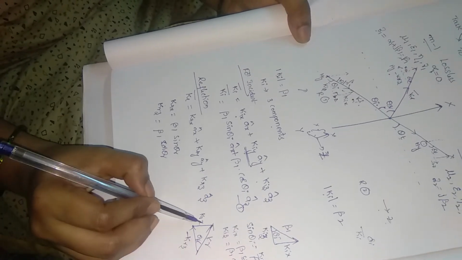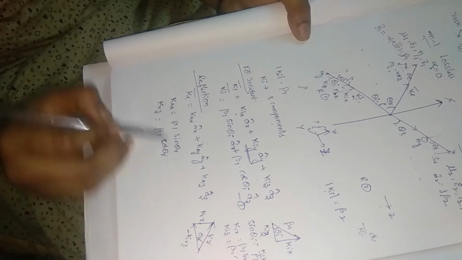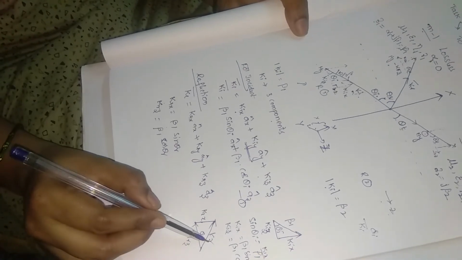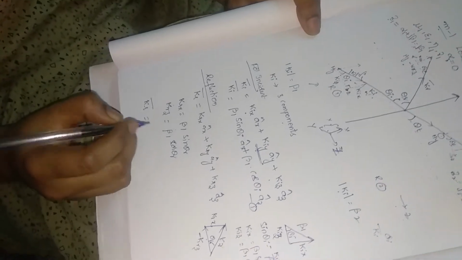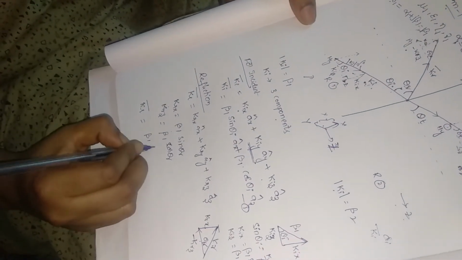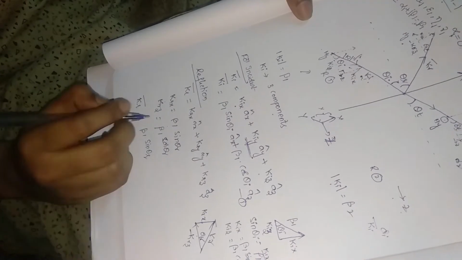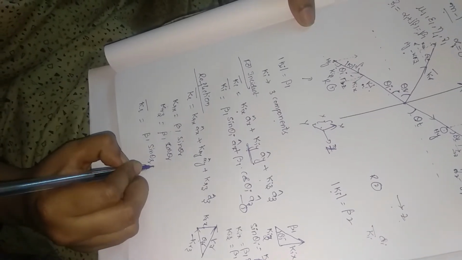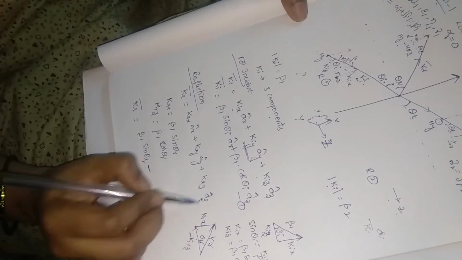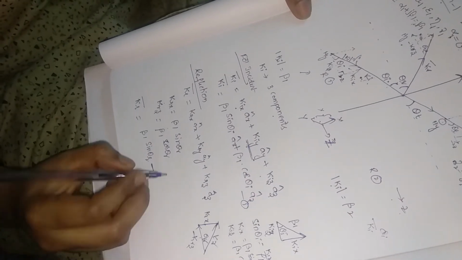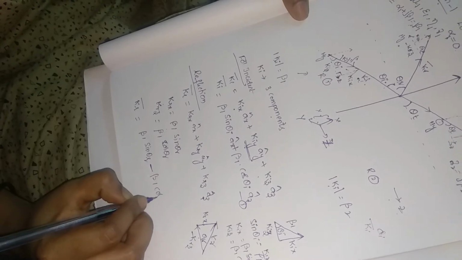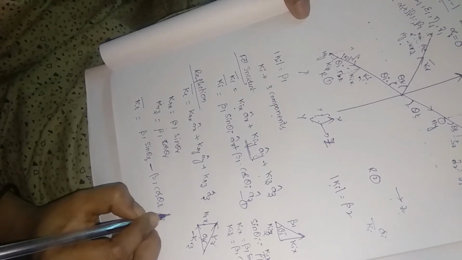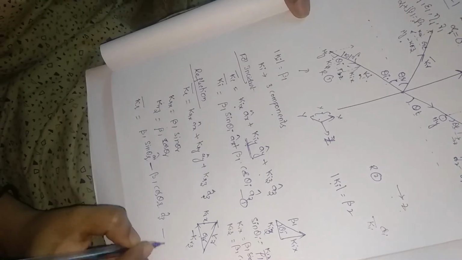Sin is opposite by hypotenuse, and cos is adjacent by hypotenuse. Therefore the propagation vector kr bar is equal to beta 1 sin theta r ax cap minus beta 1 cos theta r az cap, minus because it is along the negative z axis. Let it be equation number 2.